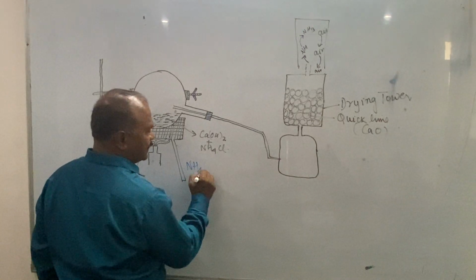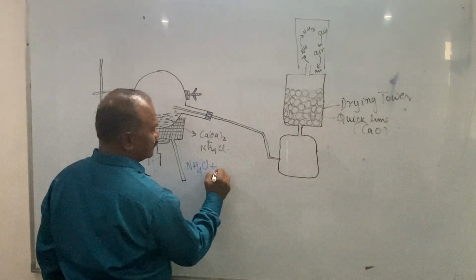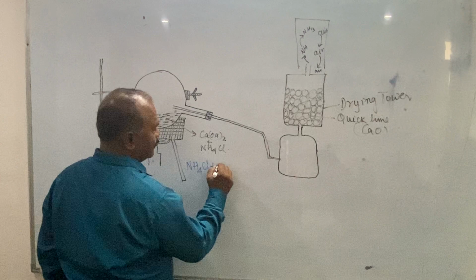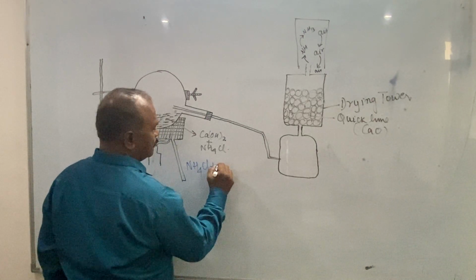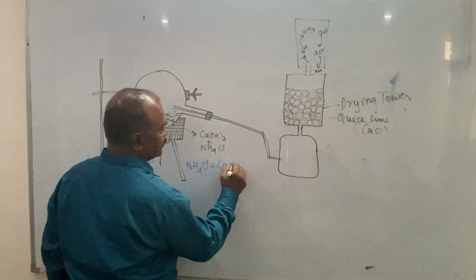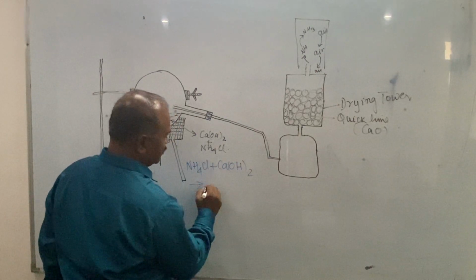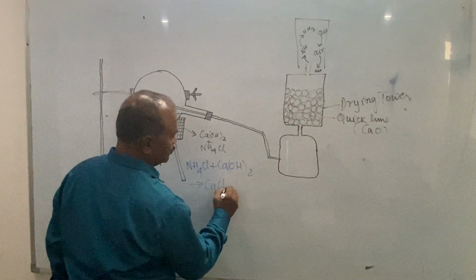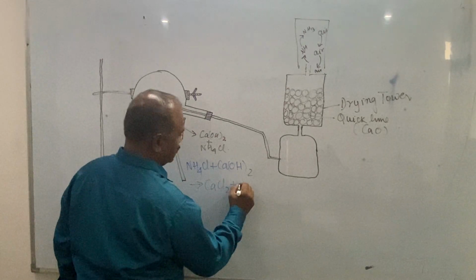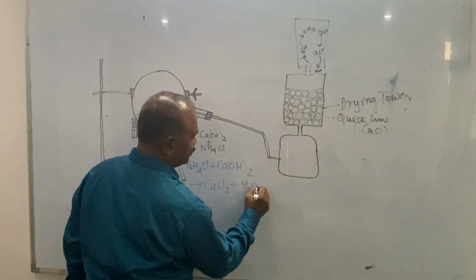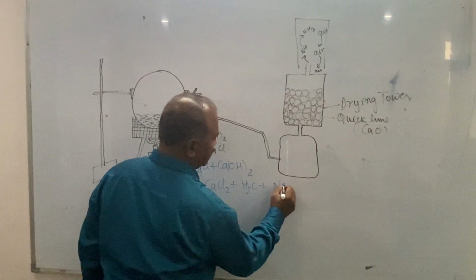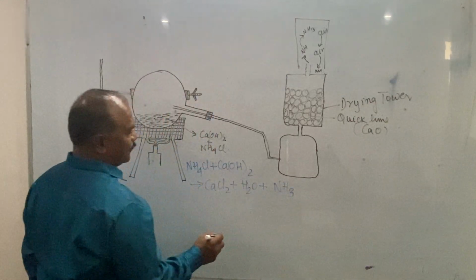Already we have done that. NH4Cl plus Ca(OH)2 will form CaCl2 plus H2O plus NH3. This is going to form.